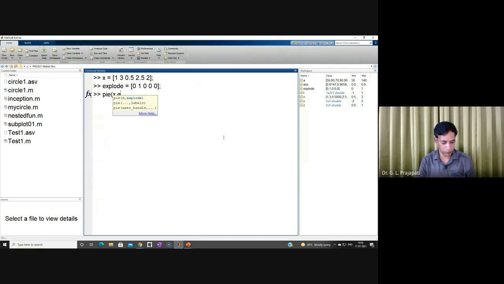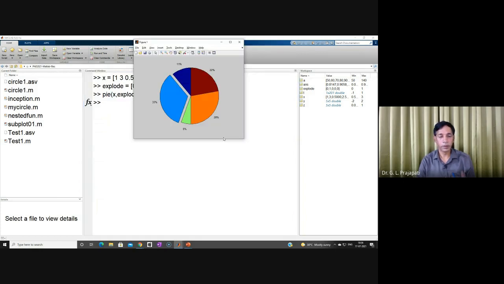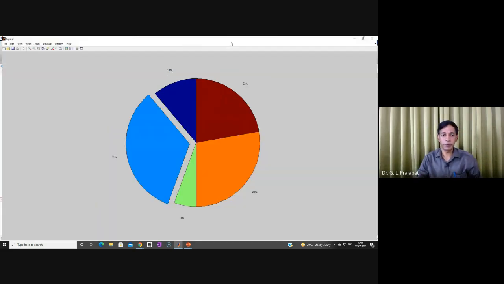You have to write the explode. Yeah, this is just like this, and you are getting like this. So this is the graph. You have 11%, 30%. So this is the plot.